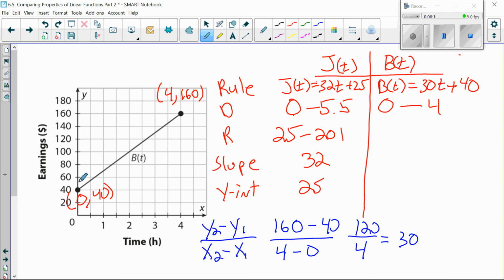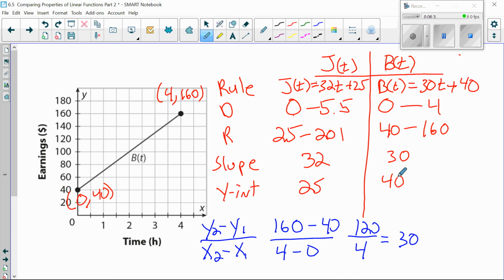And then the range is how low it goes, which is 40, all the way to how high it goes, which is 160. So it's from 40 to 160. And the slope is 30, and the y-intercept is 40.